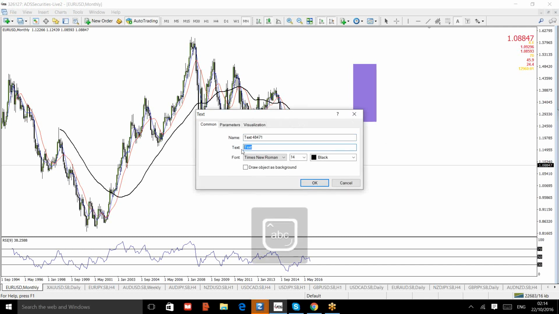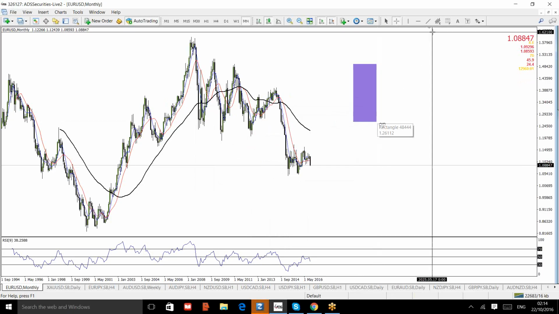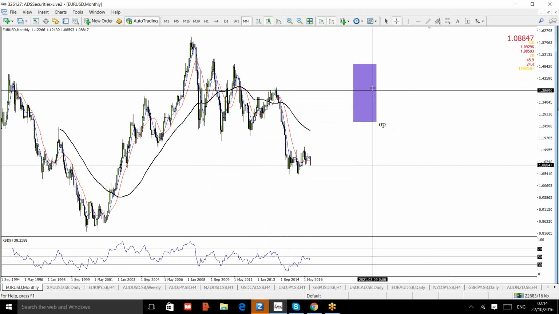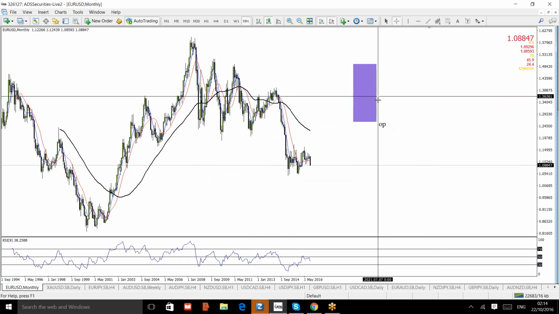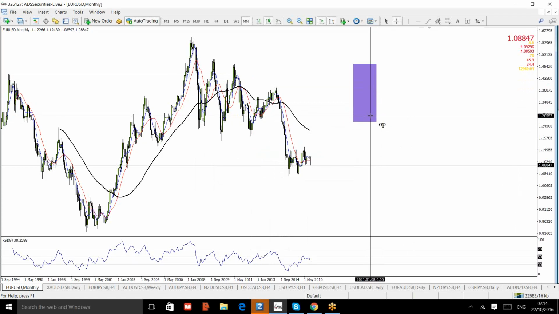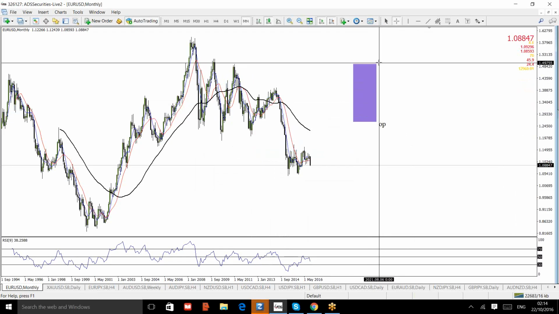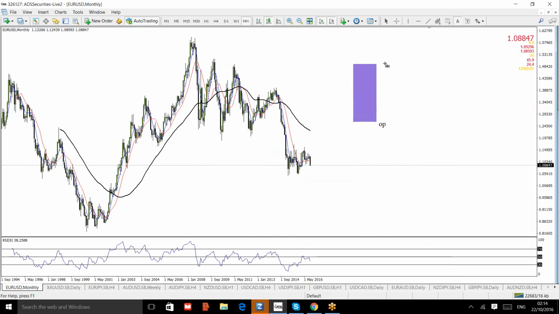What it represents is this. It opens here. Buyers push the price up, sellers push the price down. Buyers keep pushing the price up, sellers keep pushing the price down, and eventually, before this candle closes, buyers take the price here, and that is where the candle closes.